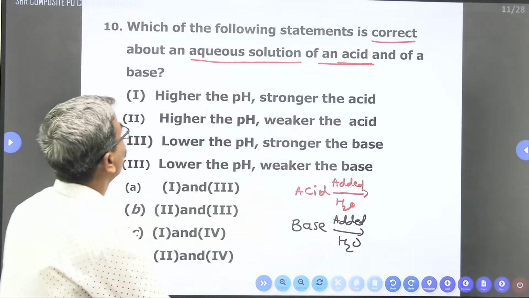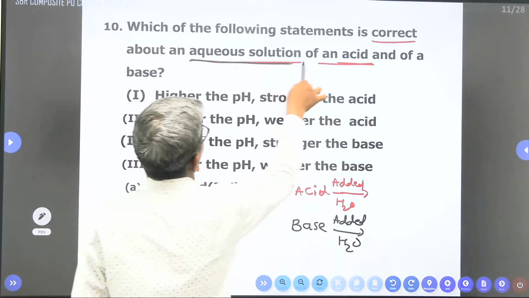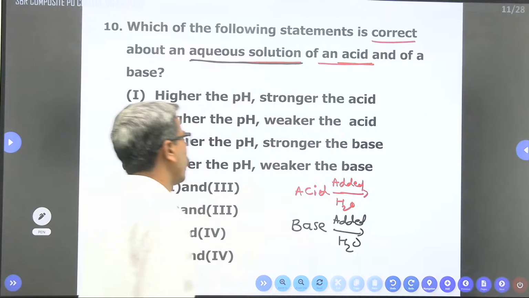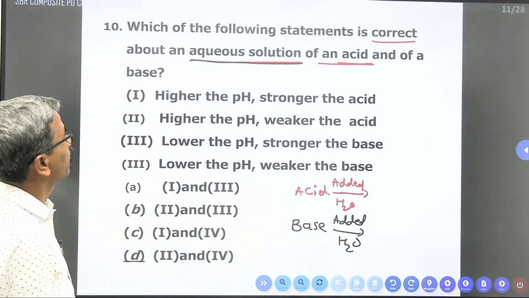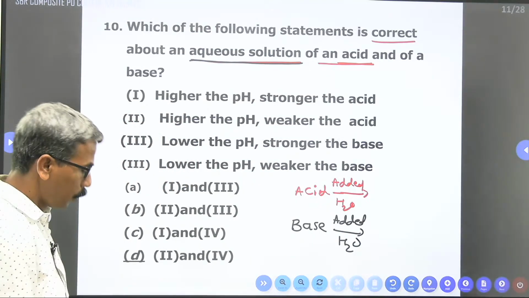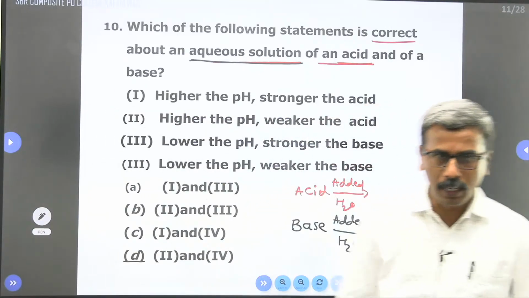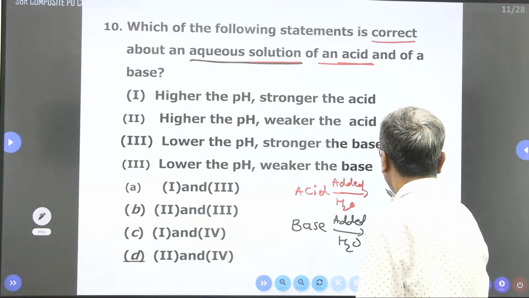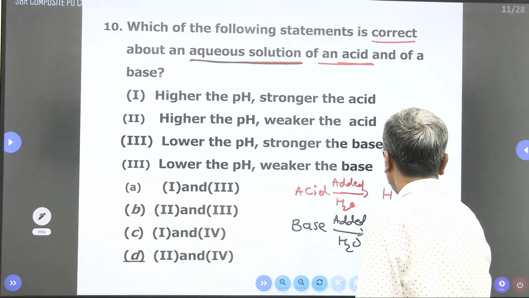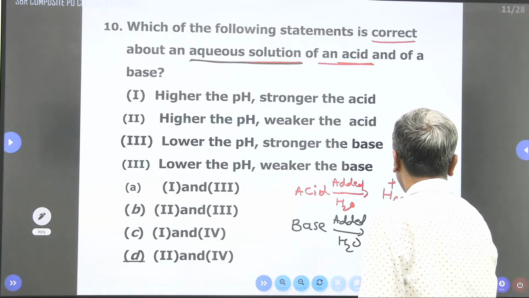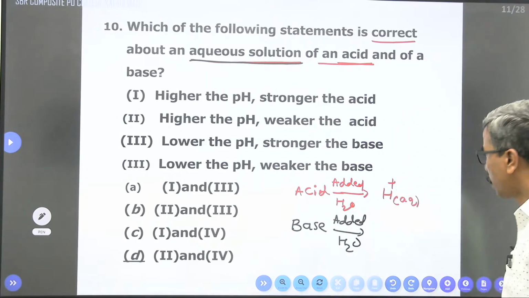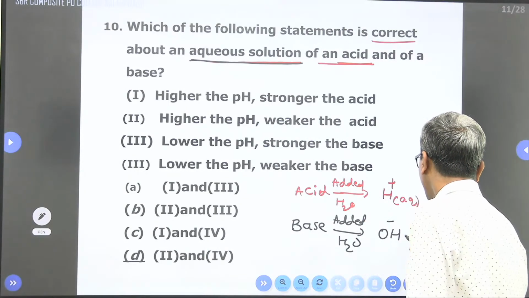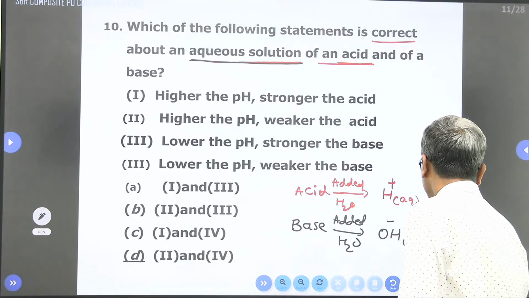So it becomes an aqueous solution. Related to this, which statement is going to be correct? Remember, we already had a discussion. If the compound is an acid, according to Arrhenius, it should produce H+ in water, in aqueous. If it is a base, it should definitely produce OH- after adding into water.